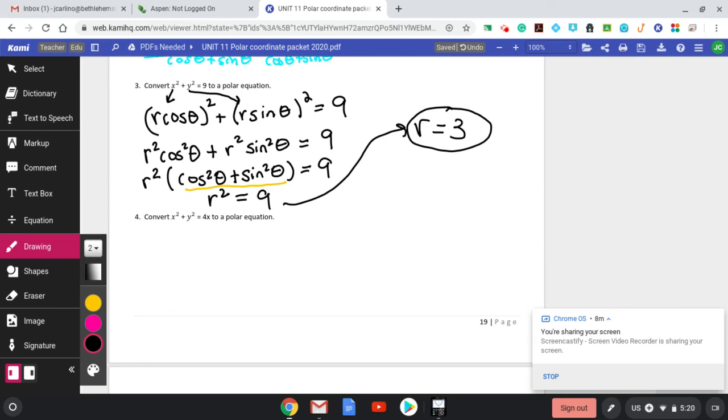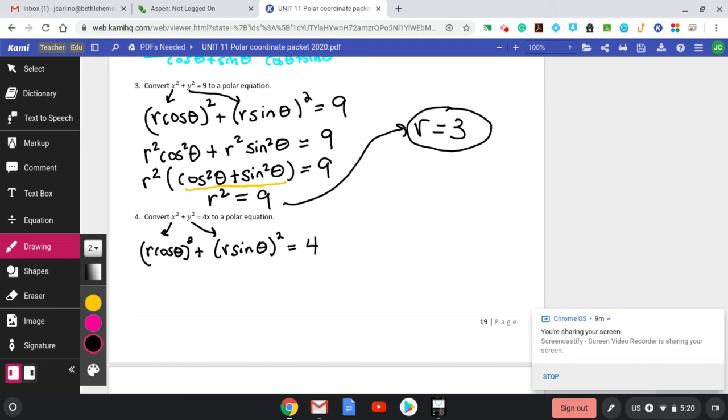All right, here we go, kids. Let's see if you guys can take this one all by yourselves. All right, I see x's and y's. Substitute, substitute, substitute. r cosine theta, square that, plus r sine theta, square that, equals 4.